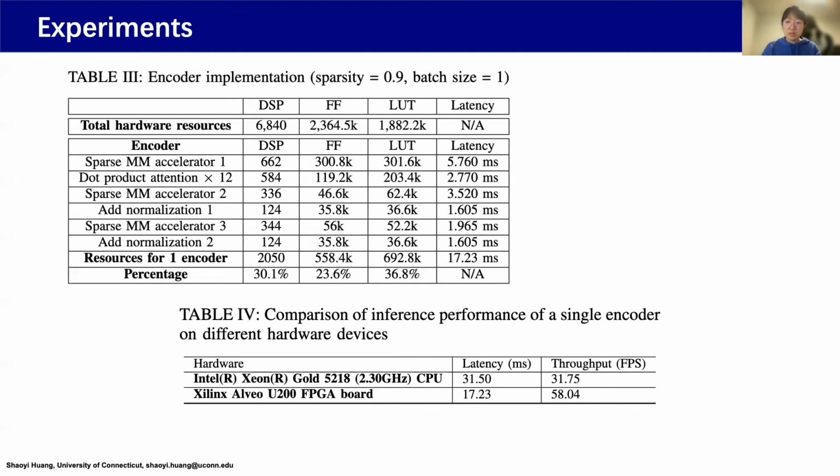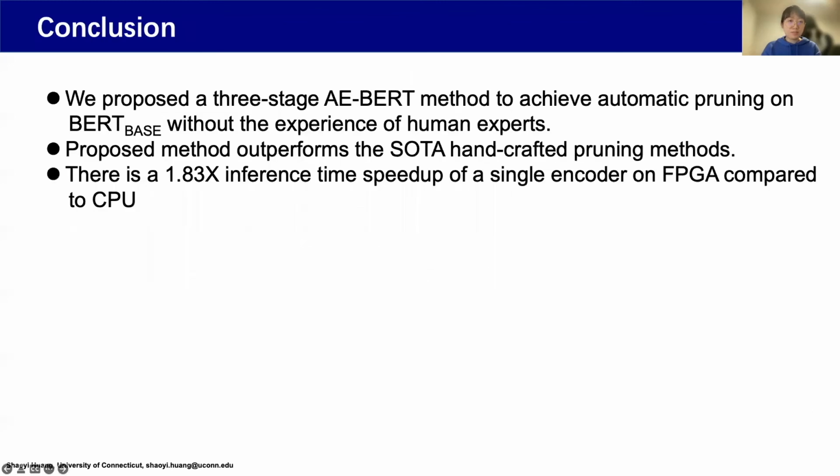In conclusion, the proposed pruning method can generate well-performed models and hardware design on FPGA, and accelerates the inference time of BERT-BASE. We propose the three-stage AE-BERT method to achieve automatic pruning on BERT-BASE without the experience of human experts.